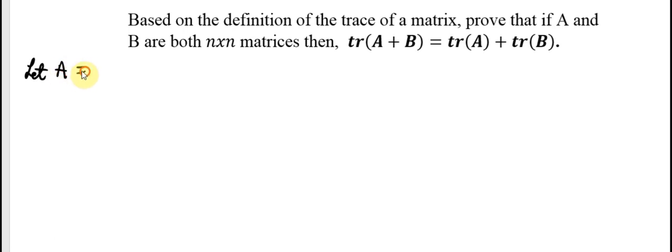So let matrix A be of the form with the entries A11 to A1n, all the way down to An1, and so on to Ann. They're saying that it's a square n by n matrix.